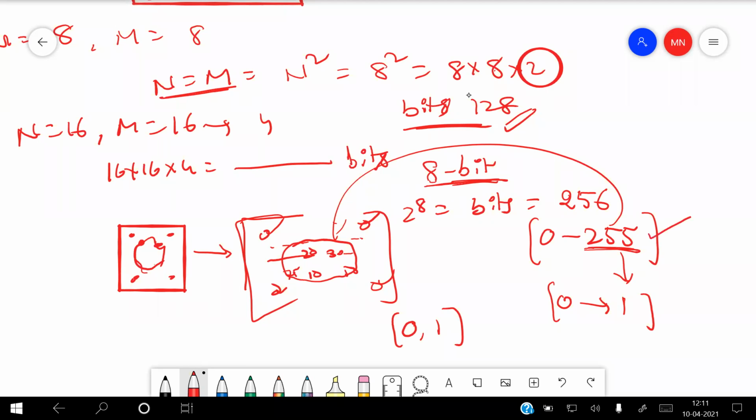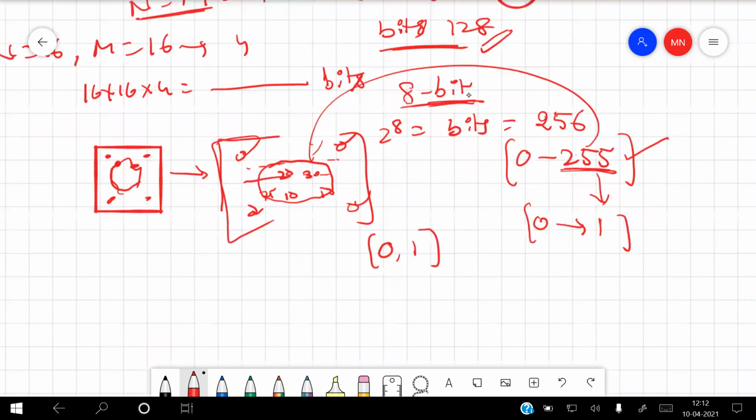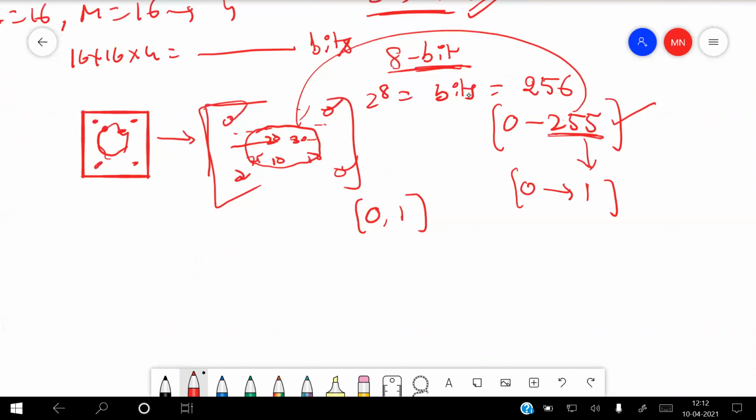For analysis, we take an 8-bit image or 16-bit image, whichever type, based on how many bits the image has. These are all gray level values, intensity values. When the intensity is more, the pixel value is more. When intensity is low, the pixel value is low. Understood? Yes sir, clear sir.